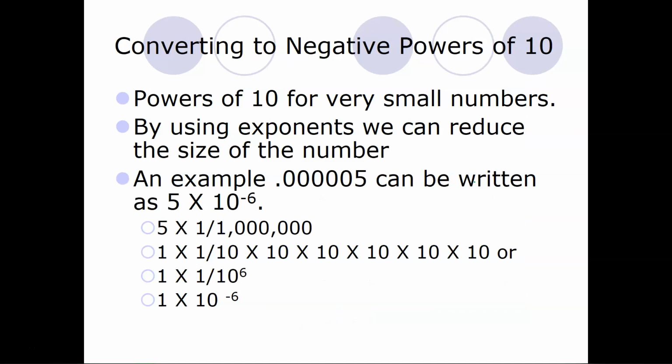So, converting the negative powers of 10. By using exponents, we can reduce the size of the number. And guys, I'll go ahead and tell you this: when you're dealing with numbers like these and you're having to do conversions and such, having a comma or finding a way to visually break between sets of zeros or whatever number you're dealing with is a very good idea and a good way to track where you're having to move things.